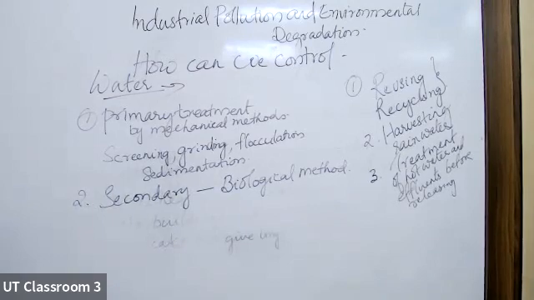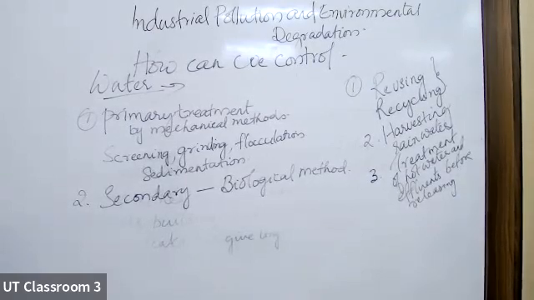Got it? Next one is that particulate matter in the air can be reduced by fitting smokestacks to factories with electrostatic precipitators, fabric filters, scrubbers, and inertial separators.